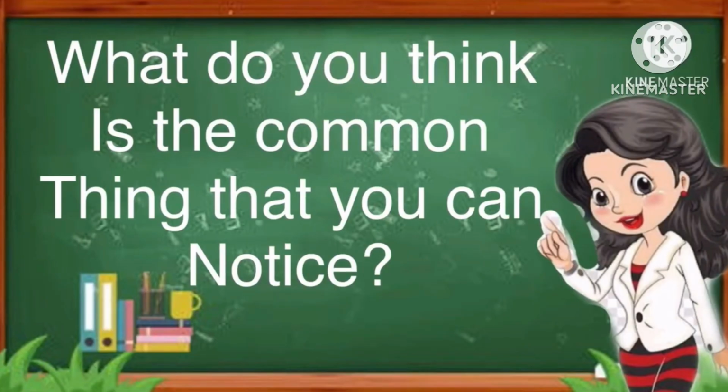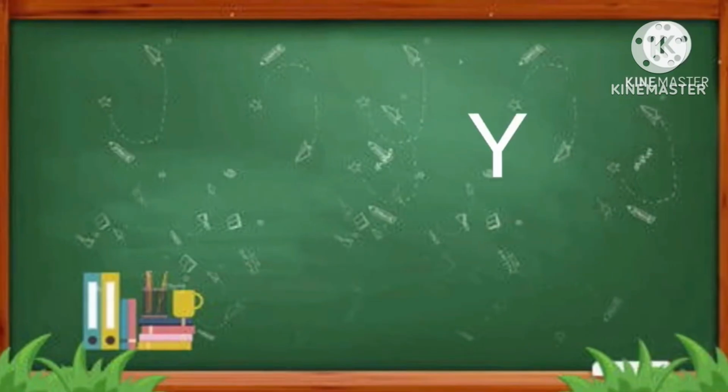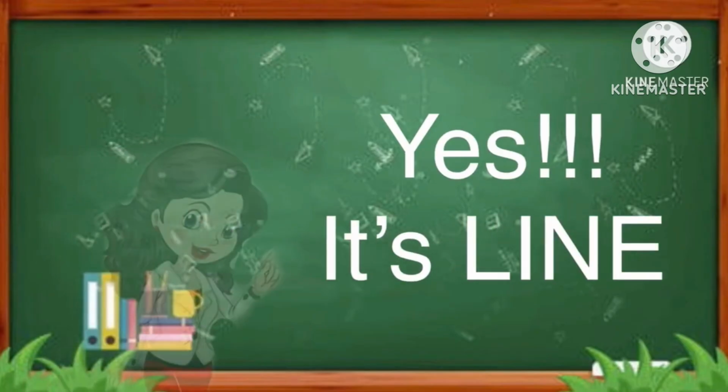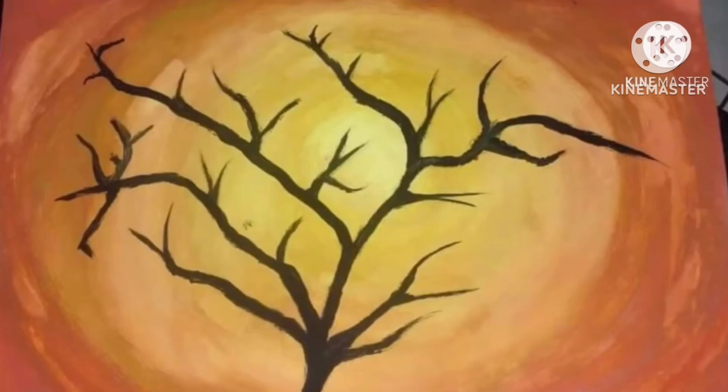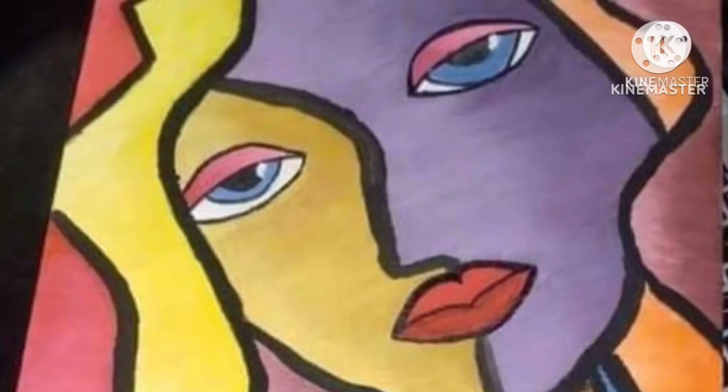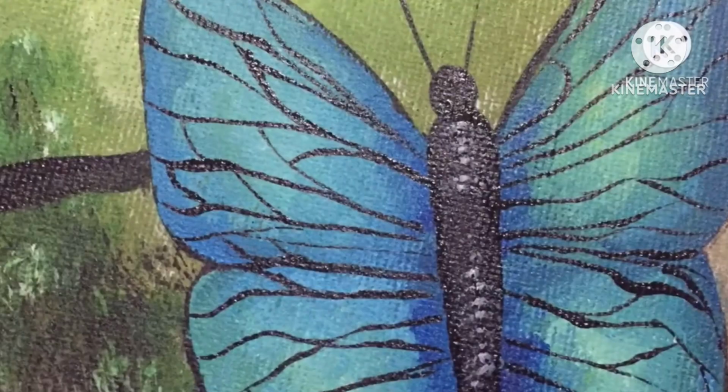What do you think is the common thing that you can notice? Yes, it's line. And artwork are made up of different lines. Each of these pictures shows a similar thing, but one main idea that differentiates them is how the artist used lines in that artwork.